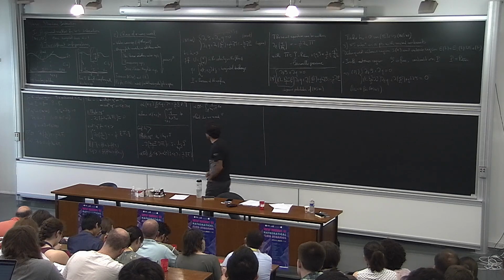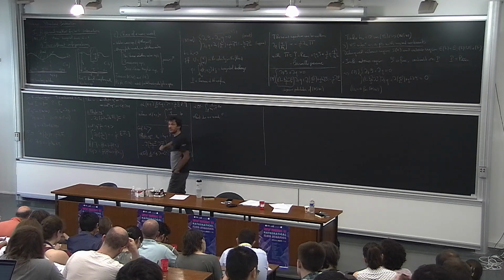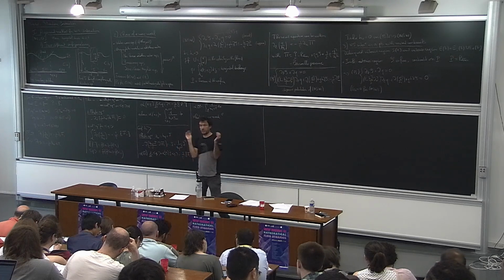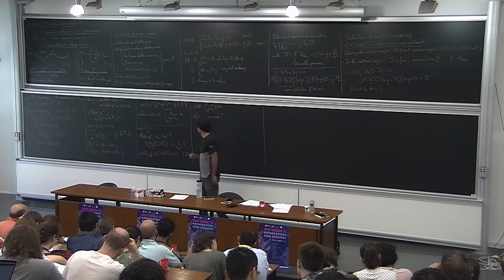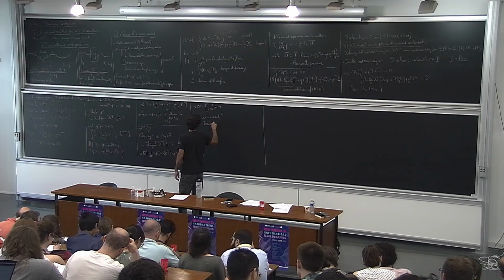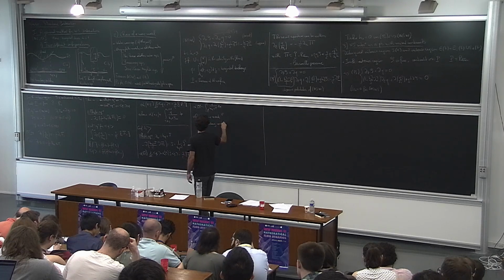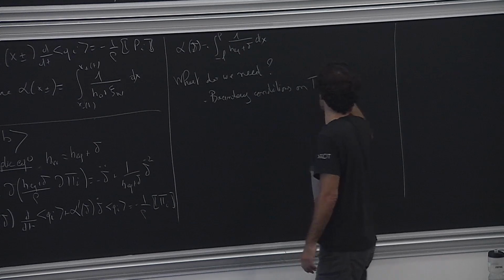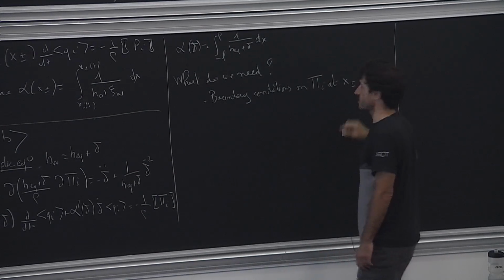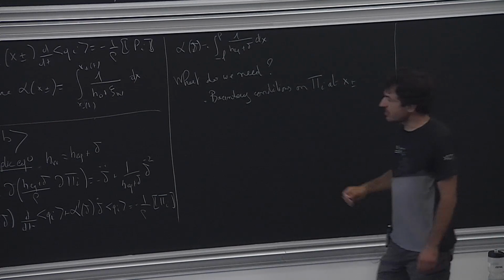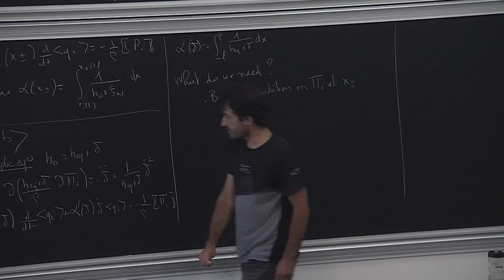If you want to solve this elliptic equation on one interval, you need boundary conditions. So we need boundary conditions on pi I at the points x plus minus. If you have such boundary conditions, you can solve this equation.